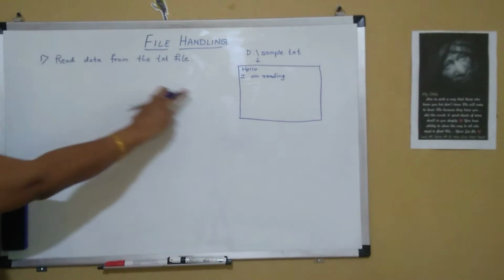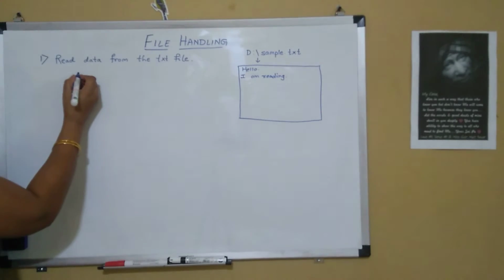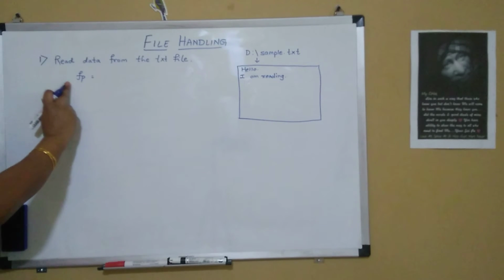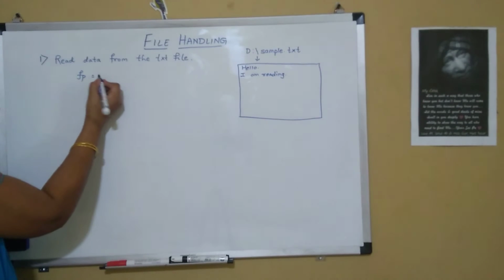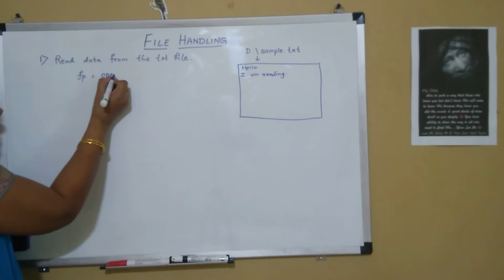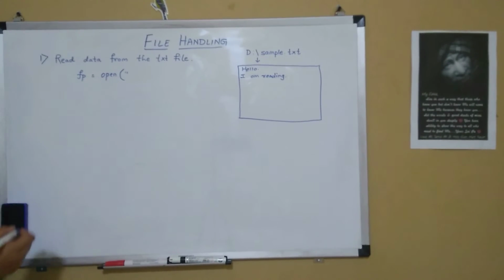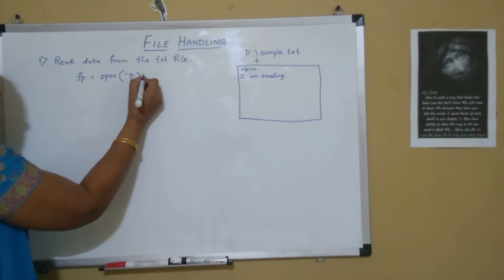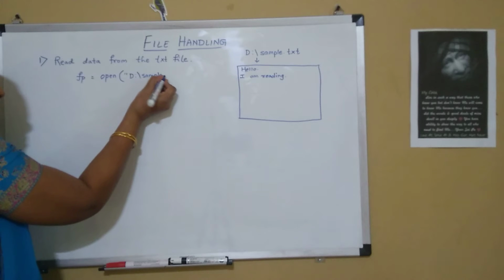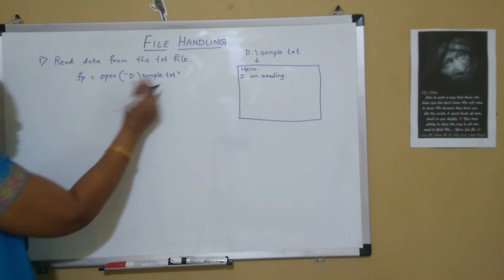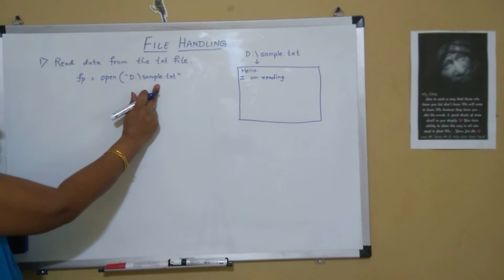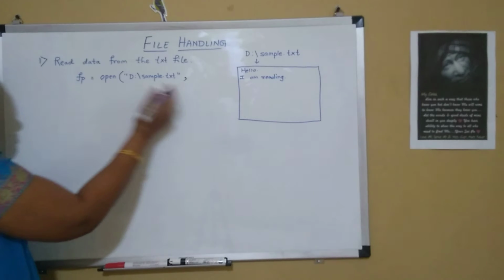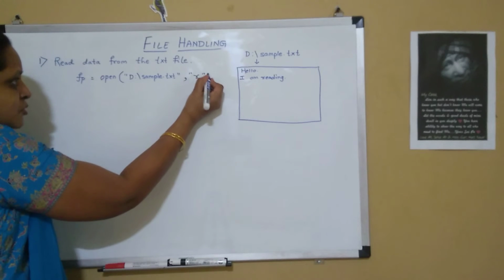So now how do we read data from this particular input file? Initially I'll have my file pointer, which you can give any identifier name. I'm giving fp as the name for it, and I say open, and in double quotes I'll specify the path of the text file, that is d:/sample.txt. And since I want to read the data from the file, I'll open it in read access mode, that is r.